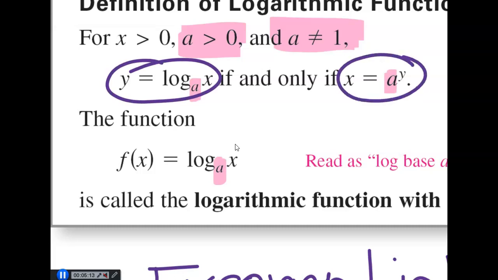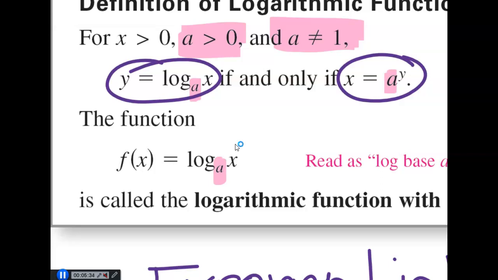So if we are solving an equation that has an exponential function, we will require some logarithmic properties to solve it, or vice versa. If we're solving a logarithmic equation, we will require some exponential properties to solve it. So they go hand in hand.